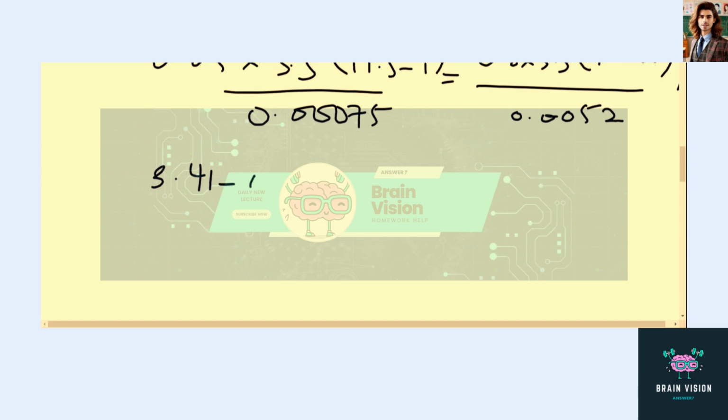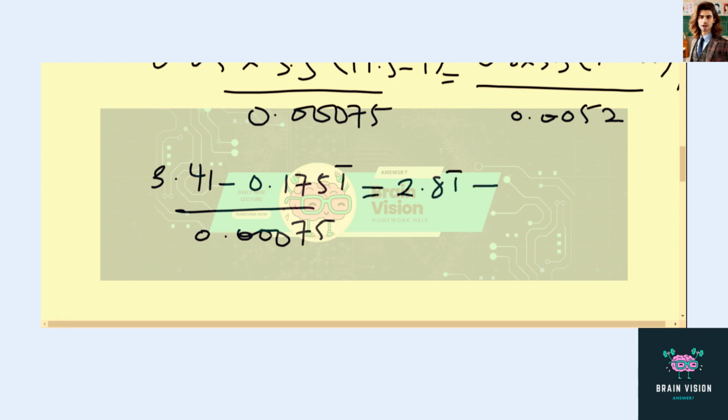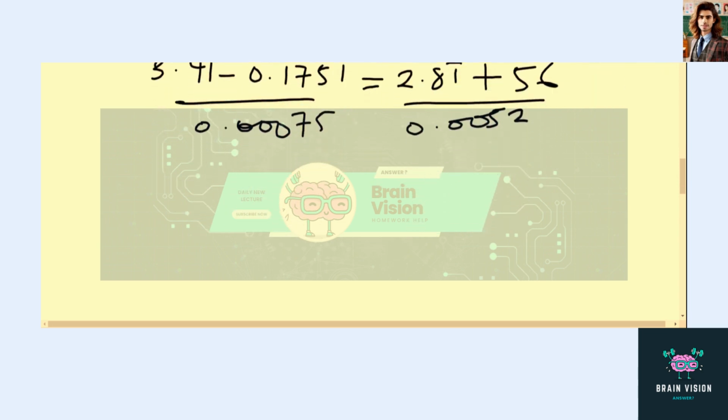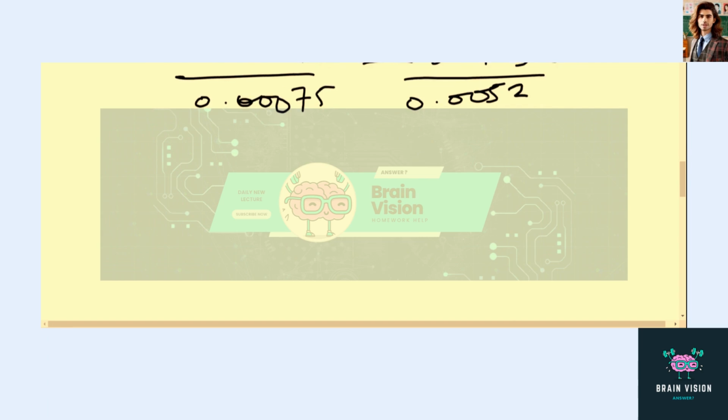So we have 3.41 minus 0.175 T, divided by 0.00075, is equal to 2.8 T plus 56, divided by 0.0052. All that we are doing is finding the same temperature at the point where they are joined together.